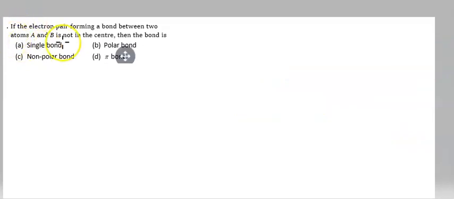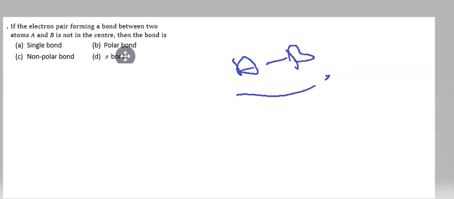The question is: if the electron pair forming a bond between two atoms A and B is not in the center, then the bond is, right. So while forming a bond between two atoms A and B, if there is an electronegativity difference between both, the more electronegative element will attract the electron cloud towards itself, so it gains delta negative and the other gets delta positive.